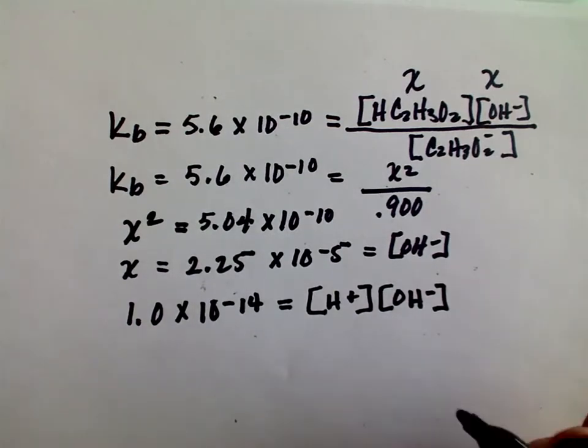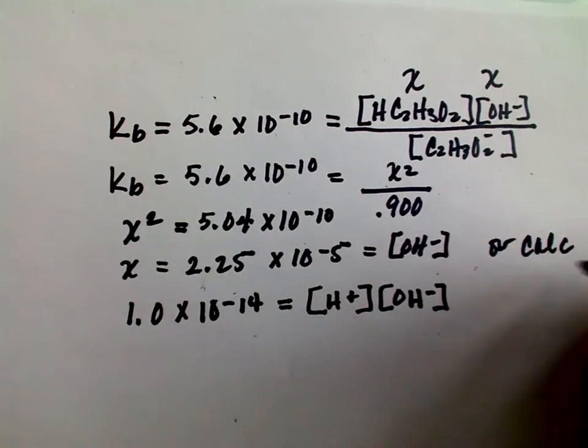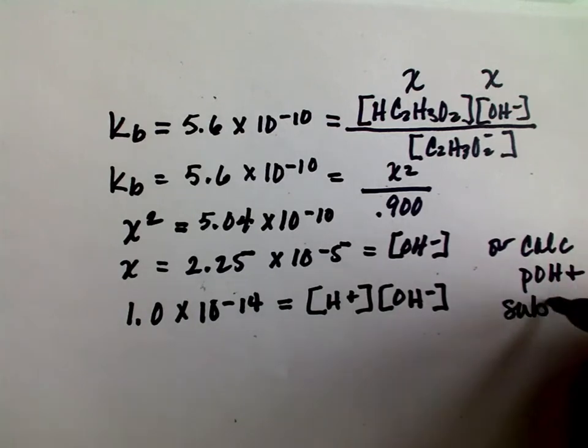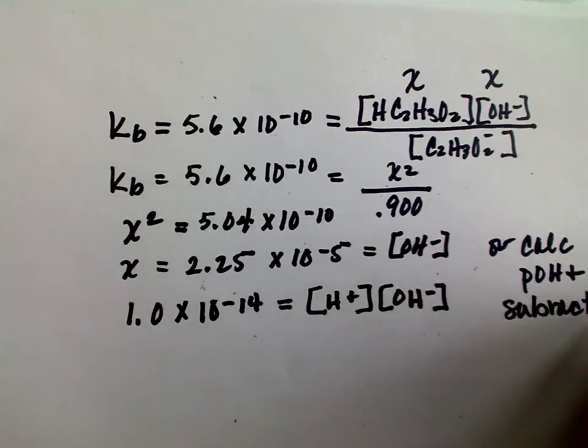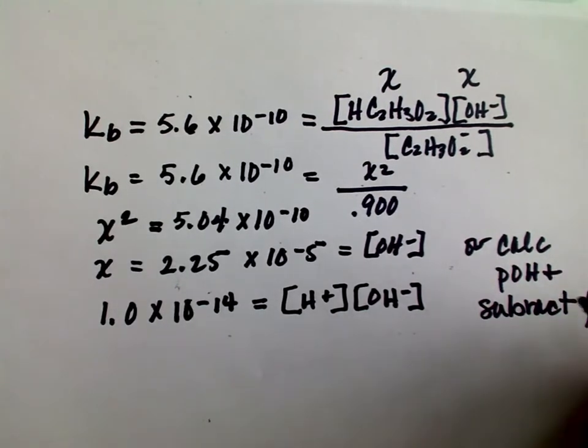Again, or calculate pOH and subtract from 14. And that would be done just the same way you would calculate pH, negative log of the hydroxide ion concentration.